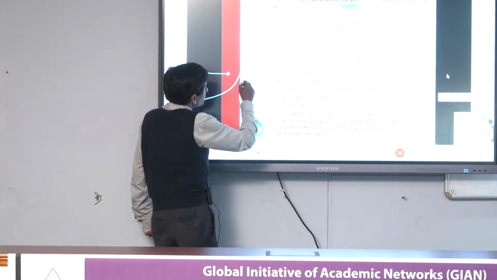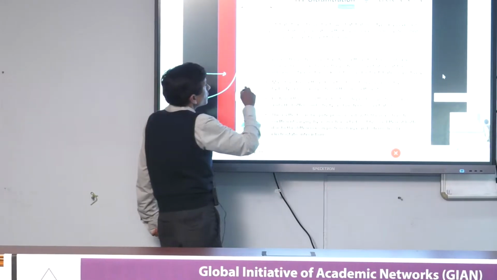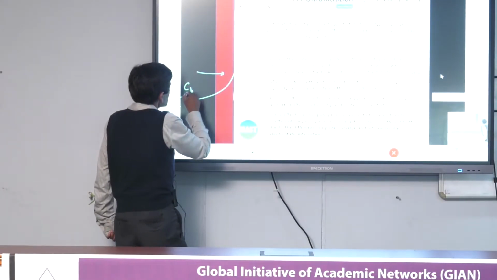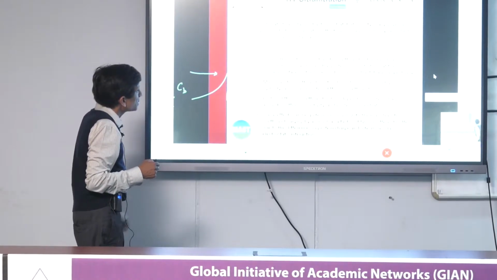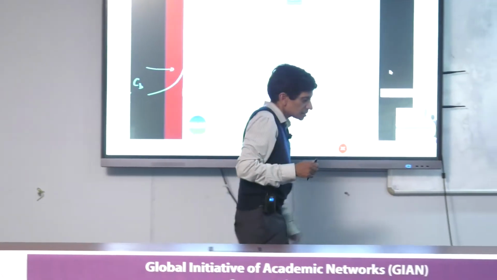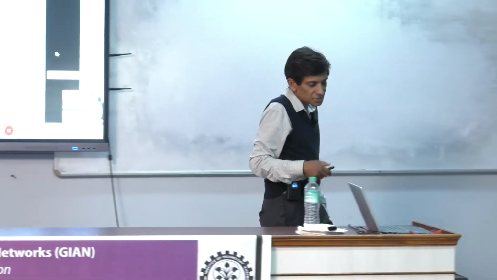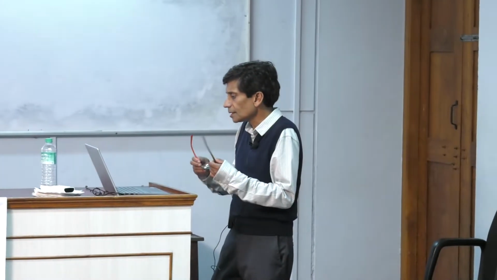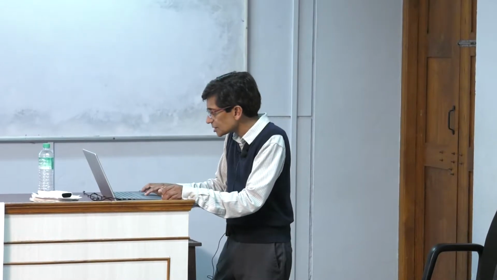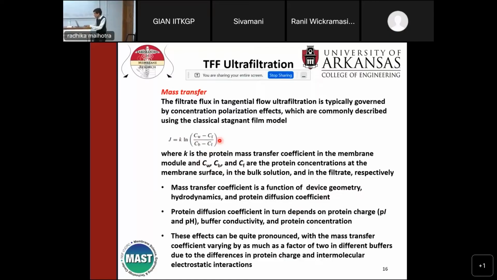Cw is the concentration at the wall, at the surface of the membrane, Cb is the bulk concentration somewhere in the bulk, and Cf is the concentration in the filtrate. So these are your three concentrations. Now, if you have total rejection of your protein, Cf is obviously going to be 0 in the filtrate. Sometimes you only have partial rejection.